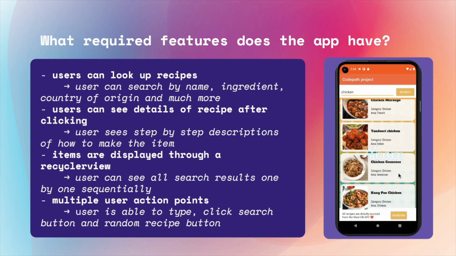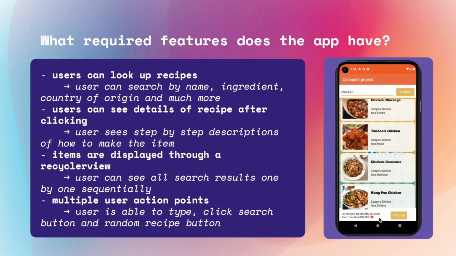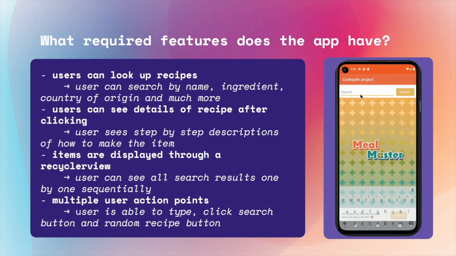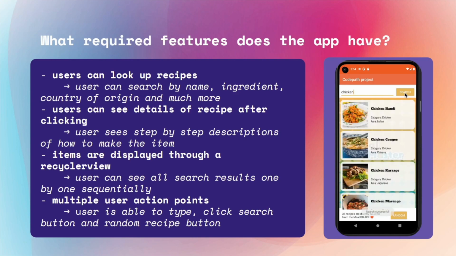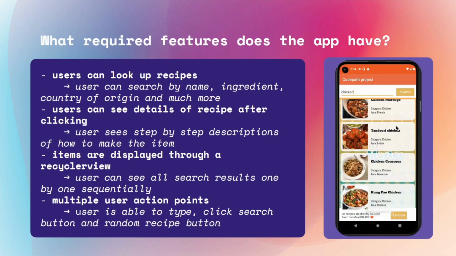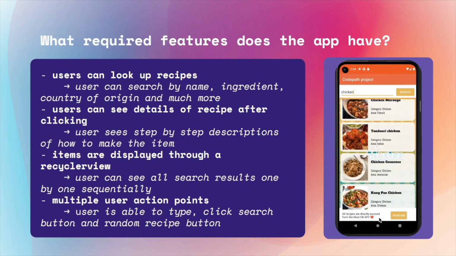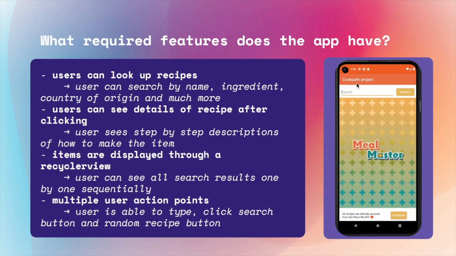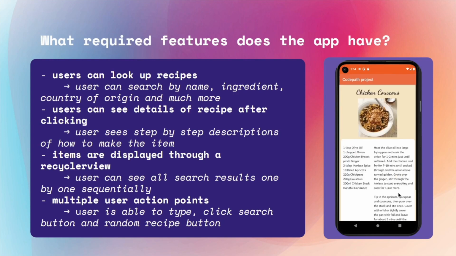The app displays a list of items in the recycler view based on this input from the user, and users can then see the details of a recipe by clicking on it in the recycler view, and can also go back to the main page and recycler view from the recipe details page. The user has multiple action points in this app, which involves typing in the search bar and interacting with various buttons, such as the random button, which generates a random recipe.